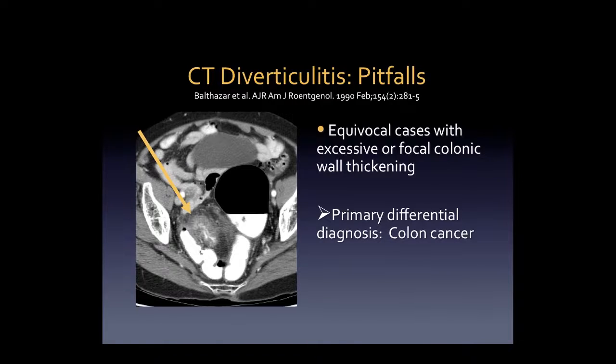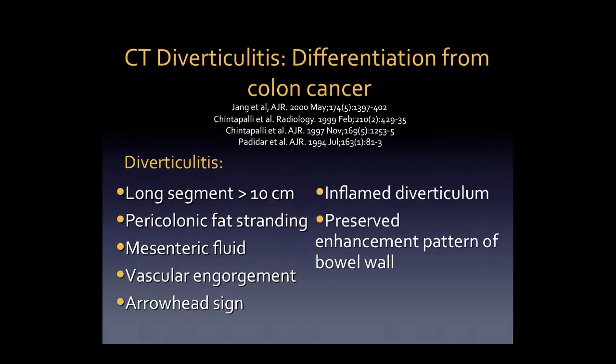Here is the other type of equivocal case, where the colon wall is quite thick and it's a fairly short segment of involvement, and the tics aren't terribly obvious on this particular slice, but there were tics. Was this a case of focal diverticulitis, or could this be colon cancer?